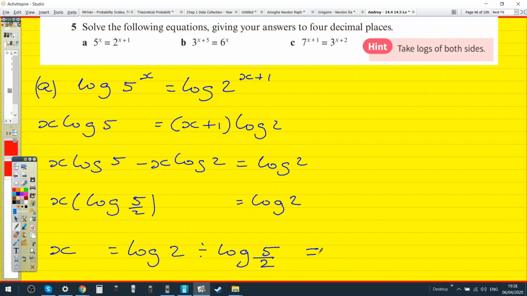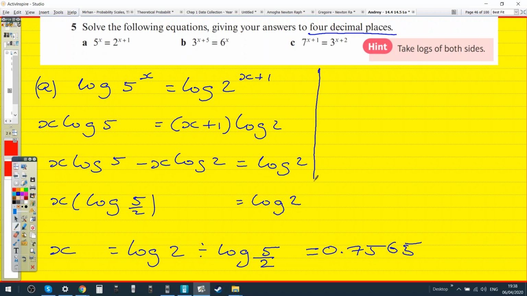And so x will be equal to 0.7565. And let's skip to C.